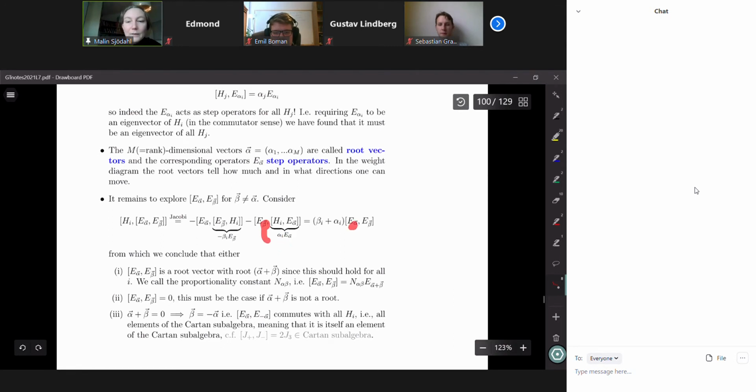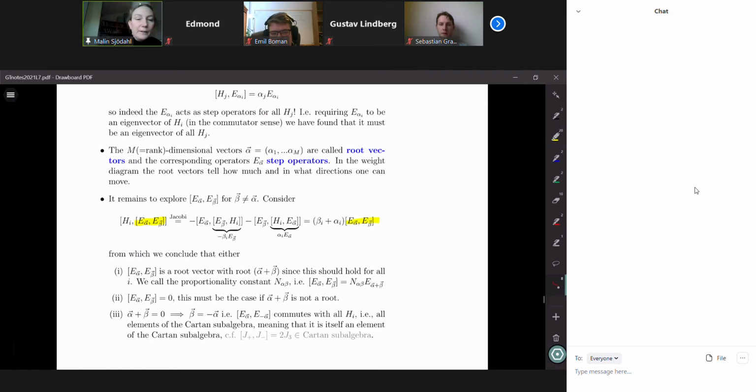So I also have E alpha, E beta. So I am back at an eigenvector relation. So I have here E alpha commutated with E beta, and here E alpha commutated with E beta. Okay, so this relation comes from the Jacobi identity, which is a requirement on the algebra.